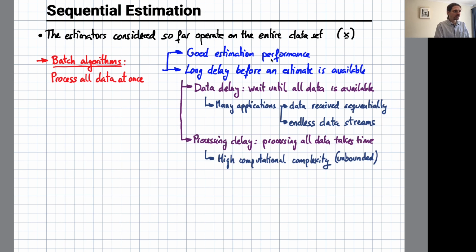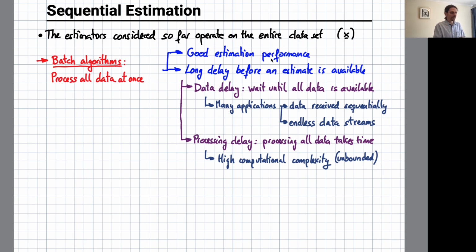The second component of the delay is processing delay. So if we wait too long, we will collect a great deal of data, and that may entail prohibitive computational complexity, right?